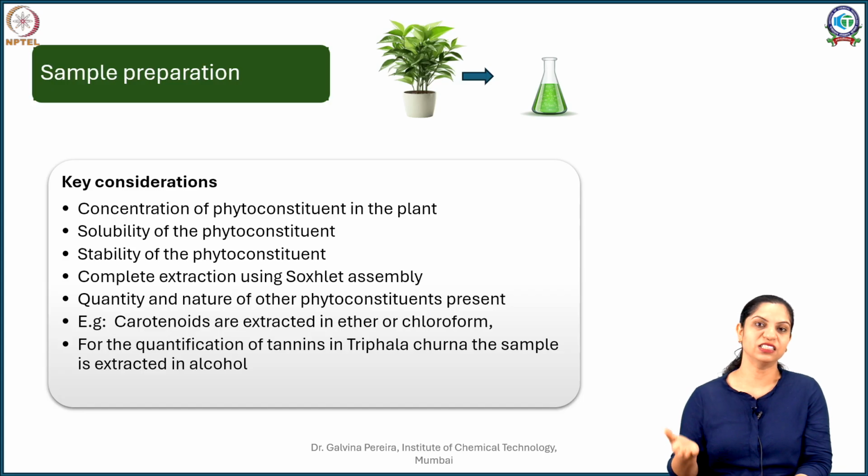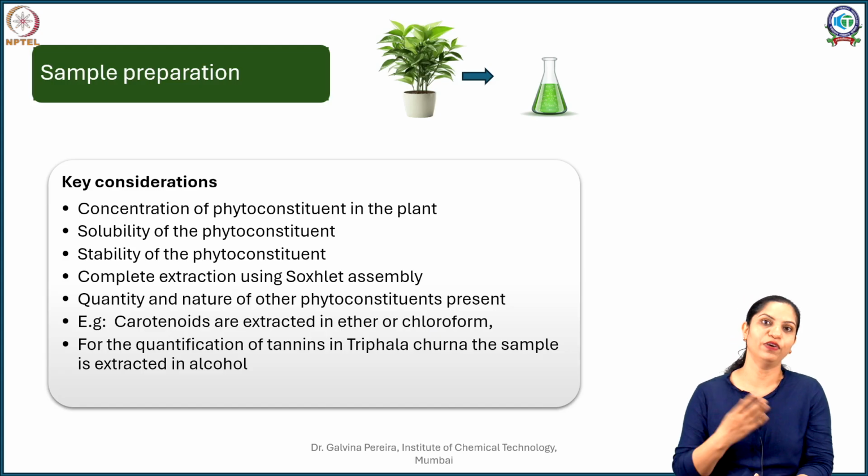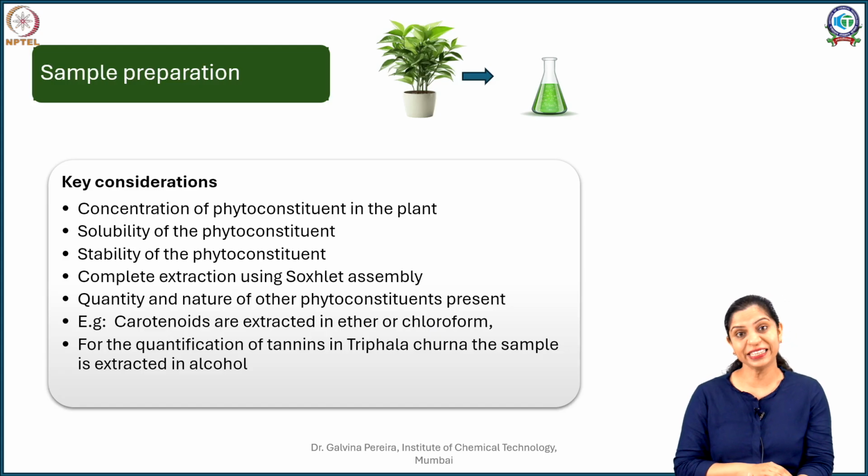So in those cases it's always good to get rid of them using a solvent which will selectively remove your pigments, fats or other impurities, and thereafter you are left with a simple solvent like alcohol to extract your analyte of interest. So you can choose a solvent, for example if you are extracting tannins from Triphala churna.